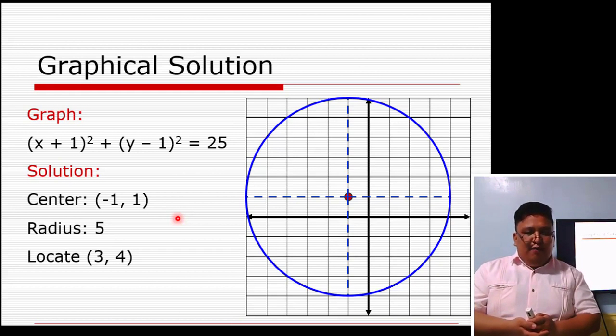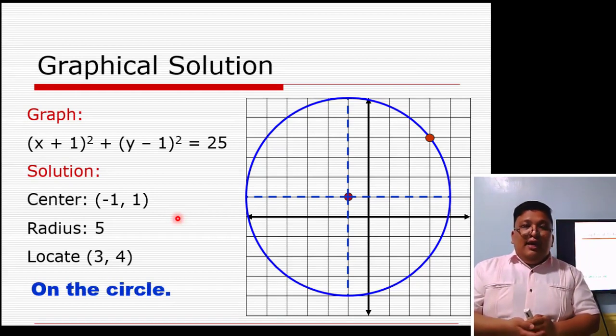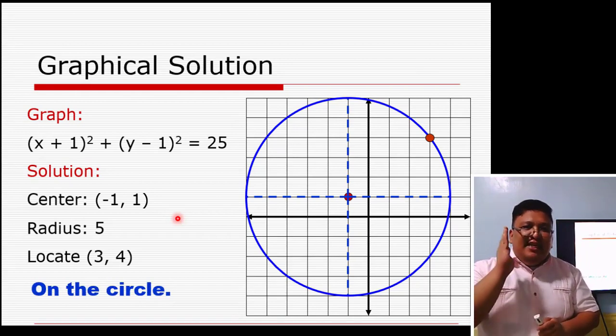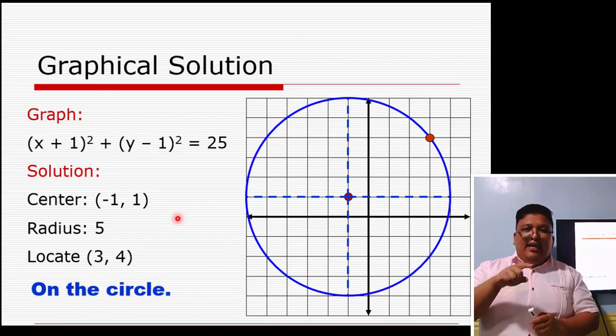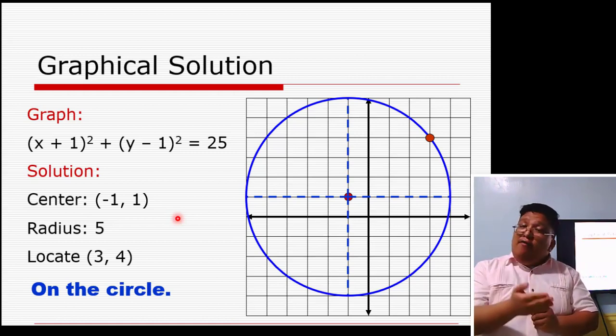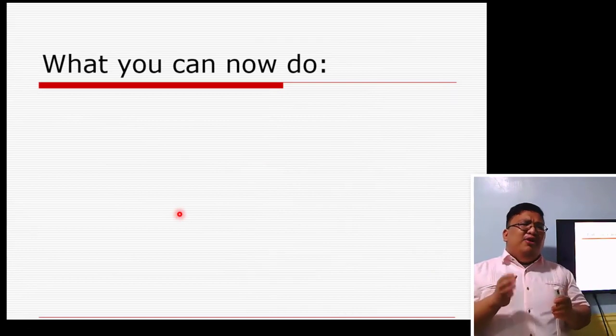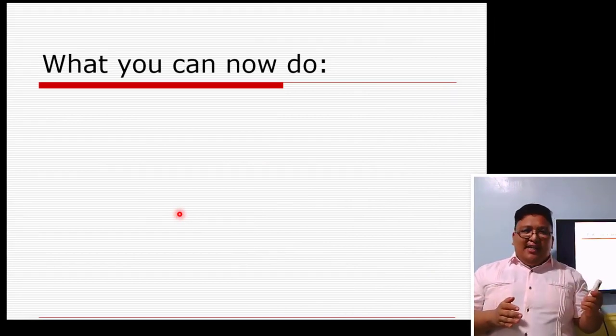Where is (3, 4)? There you go. There's (3, 4). Therefore, we can now answer the question. It is on the circle because it lies on the outline or the line of the circle, or the circumference of the circle.